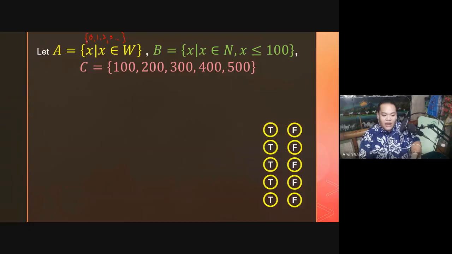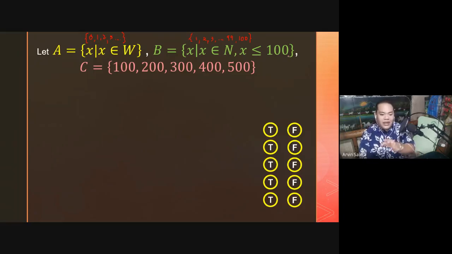So, unsa may mga value? Si A is, tanan nga whole number. So, 0, 1, 2, 3, and so on. Si B is, nagsugod kang 1, followed by 2, 3, and so on. Pero gikutuban, X is less than or equal to 100. Kutob siya kang 99? Kutob kang 100. Dili 99. Diba? Less than or equal to 100. Meaning 100 is included.